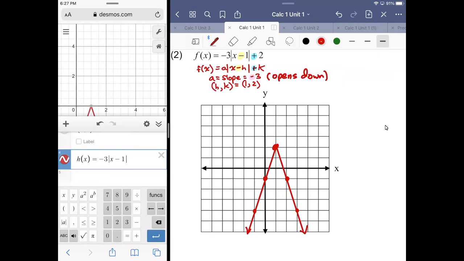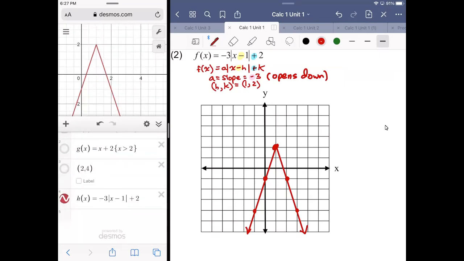And one of the things I really like about Desmos, one of the many things, is kind of just what you saw there. And that is, as I started typing more information in, it started adjusting the graph. It actually does a good job of showing you what a transformation looks like when you adjust the H and K values, how the H is a horizontal shift and the K is a vertical shift.